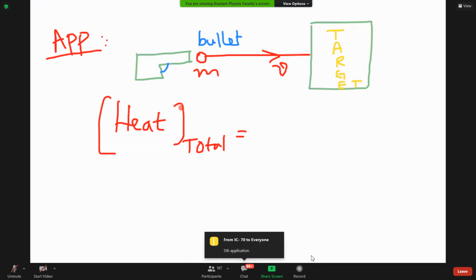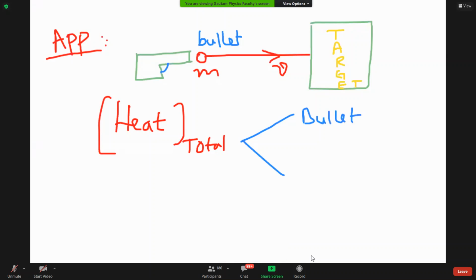The total heat produced is equally shared between bullet and target. Equal amount of heat is given to both.